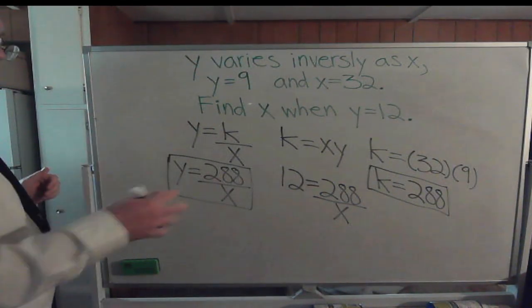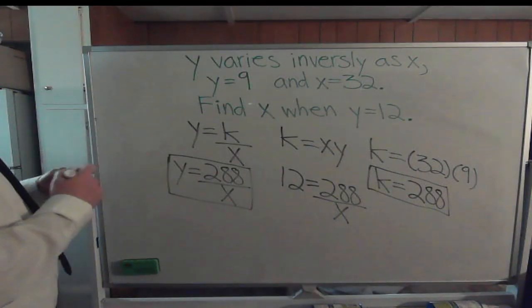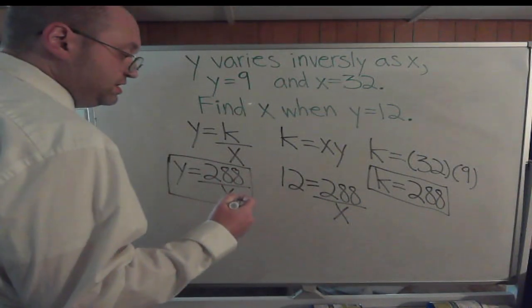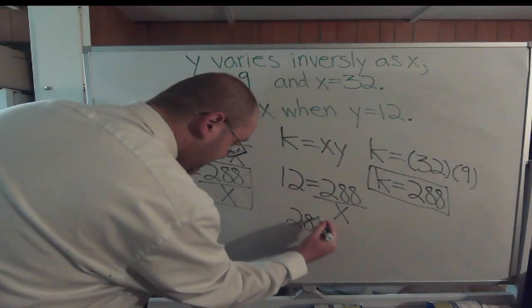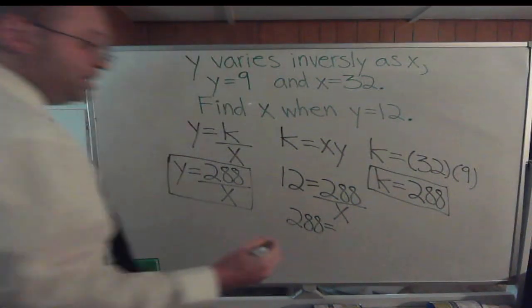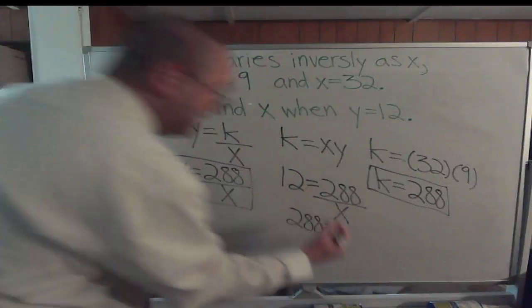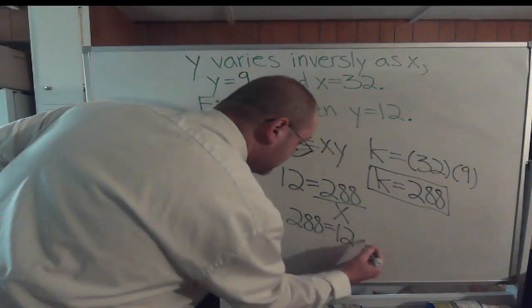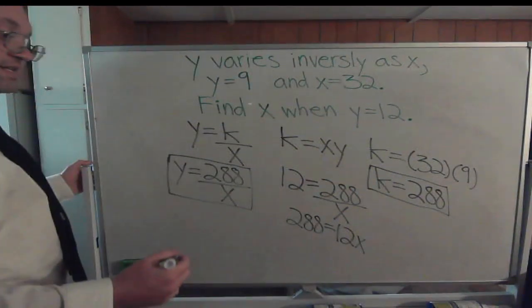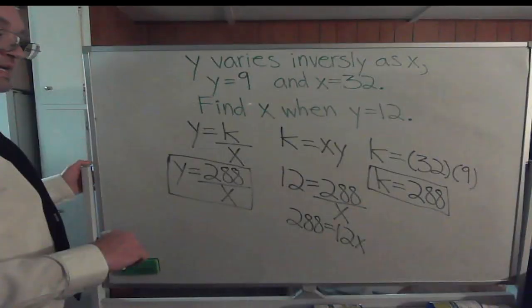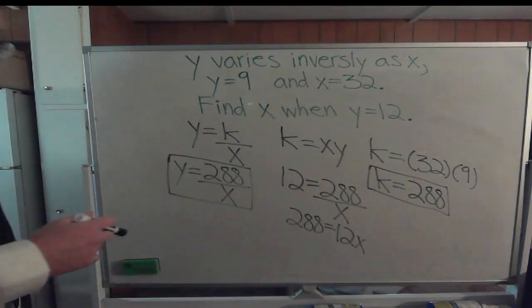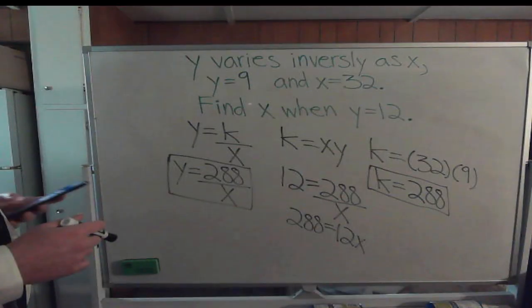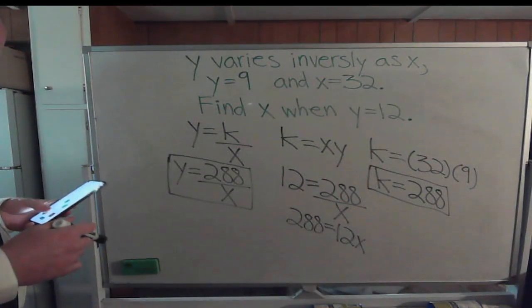In order to do that, we have to multiply the right side by x, which would give you 288 if you did that. But that means you've got to multiply the left side by x, so you would get 12x. So 12x equals 288. Well, we want to solve for x, which means you're going to have to divide both sides by 12.